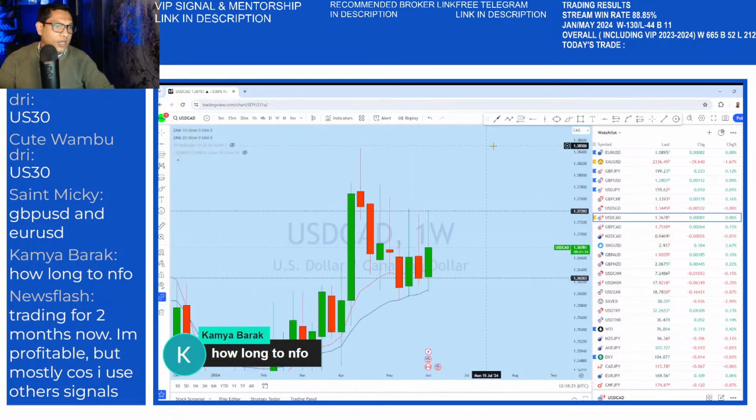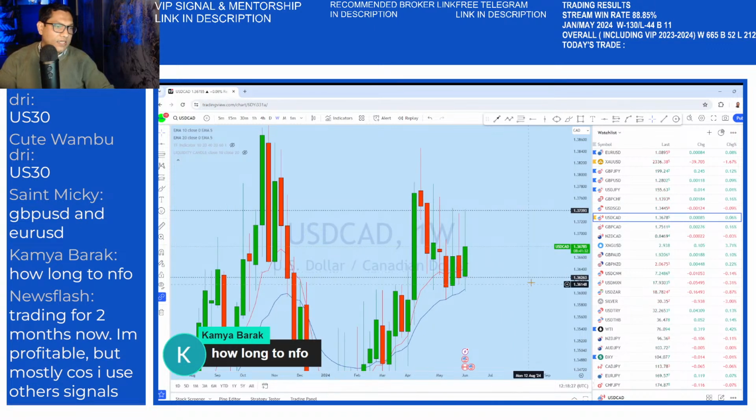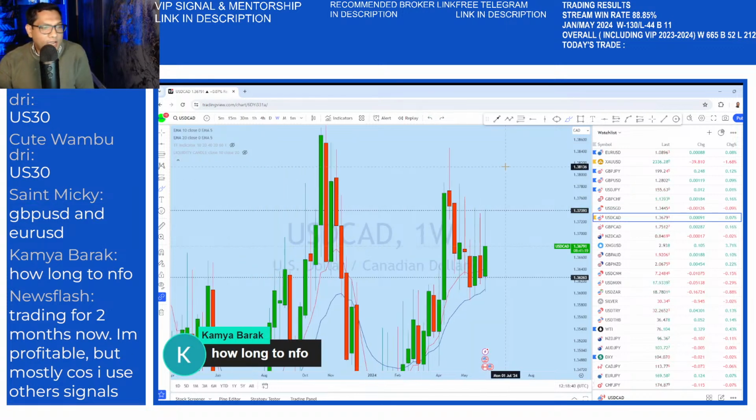If we look at the weekly chart, we can see a weekly bullish engulfer, a massive bullish engulfer. Also, there is a long wick at the top on the weekly on dollar CAD, so this is a resistance line on dollar CAD also.